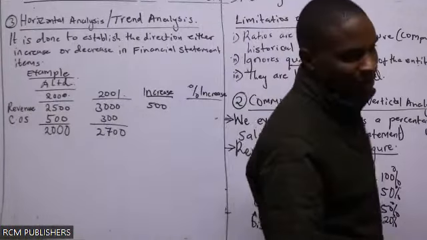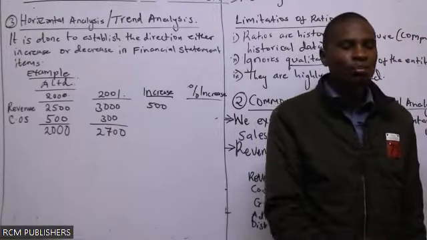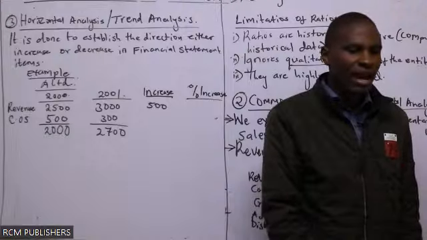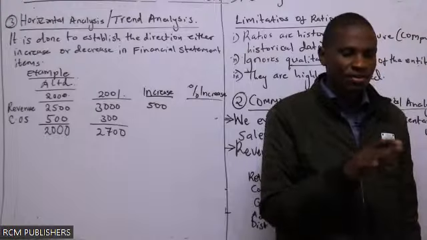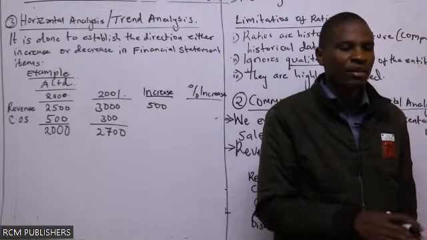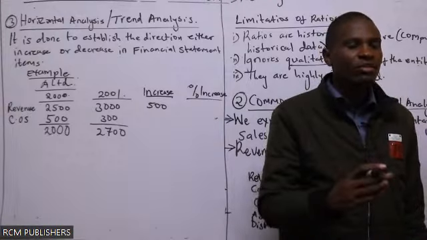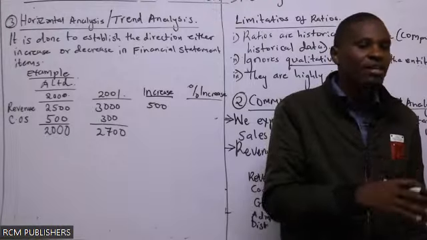Percentage increase is computed using the previous year as the base year. So 2,500 will be the base year. So percentage increase will be 500 divided by 2,500 times 100.